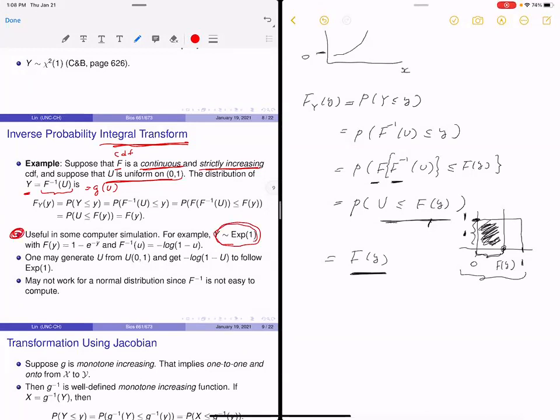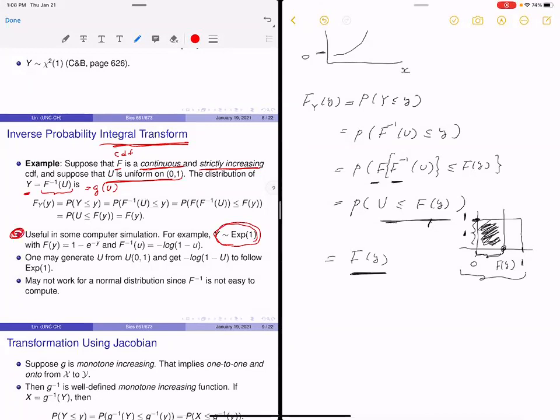Nowadays you go to R, you plug in rexp, and that gives you any number of exponential 1 draws. That's easy life. But imagine back in the days when computers were not so powerful, how did people get random numbers that would actually follow exponential 1?